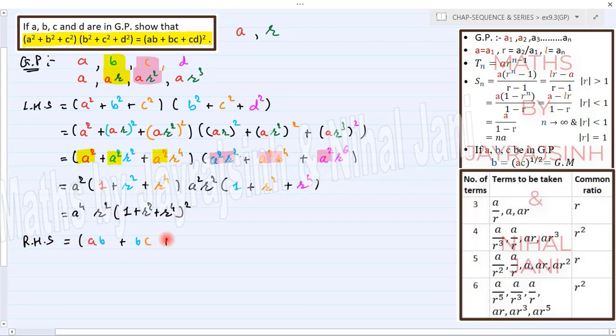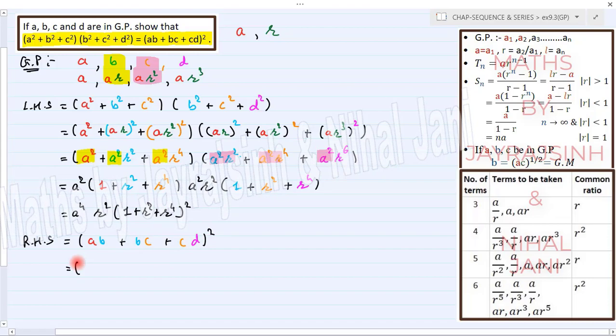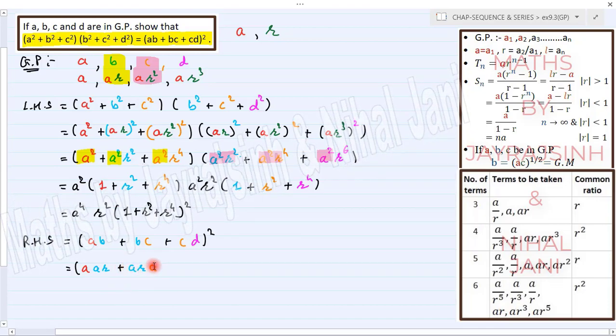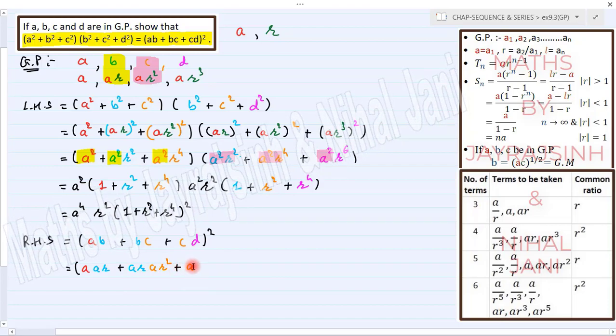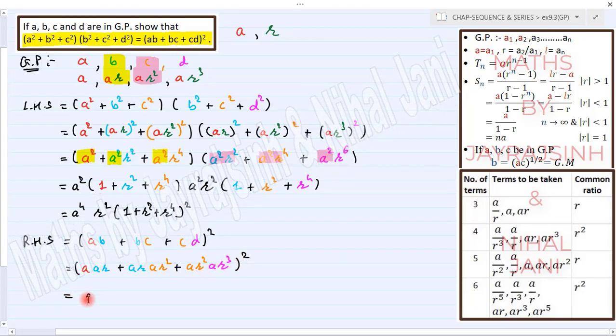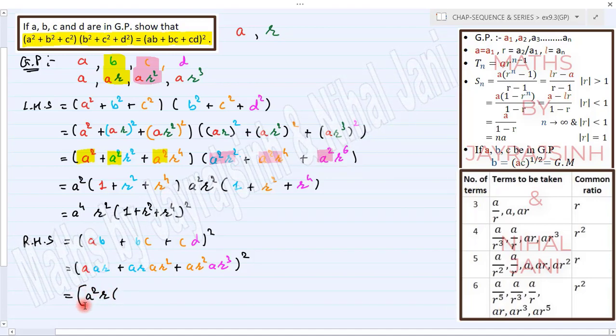Now let's move to the right hand side and substitute the values. Your a into b is a into ar, plus b into c, which is ar into ar square, then c into d, the whole square. So as you can see, we can take a square r common from the bracket.